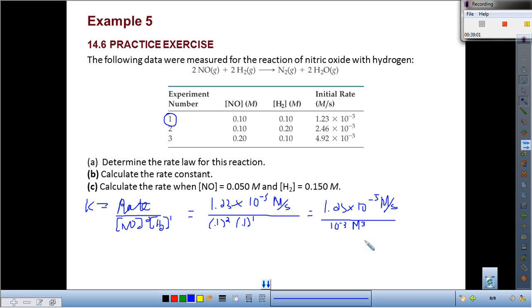Okay, let's look at our math. We have a 10 to the negative 3 on the top and a 10 to the negative 3 on the bottom. So guess what they do? They cancel out.